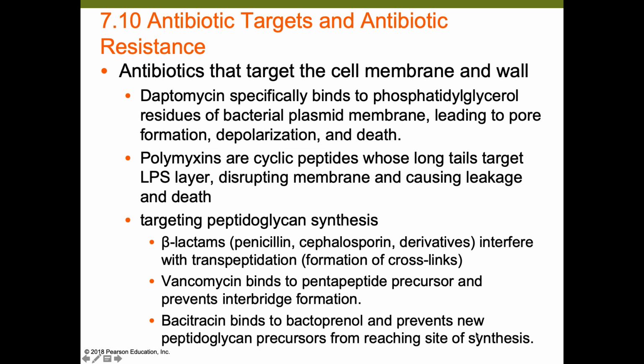Bacitracin is a drug that binds kind of upstream. It prevents the synthesis of peptidoglycan precursor molecules. So it doesn't interfere directly with peptidoglycan synthesis. It interferes with the synthesis of the molecules necessary to make peptidoglycan.